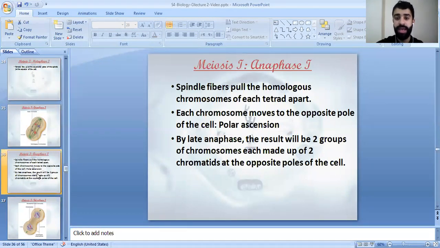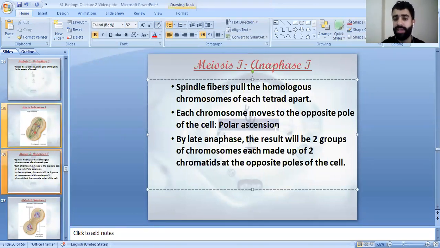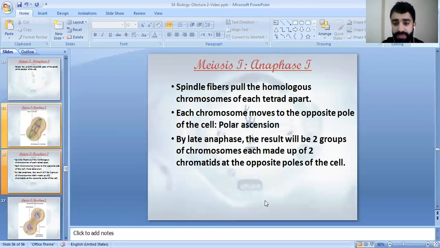Homologous chromosomes are pulled apart, not the sister chromatids. As I said, each chromosome moves to the opposite pole, forming what is known as polar ascension. In late anaphase, we have 2 groups of chromosomes, each made up of 2 chromatids, at opposite poles of the cell.